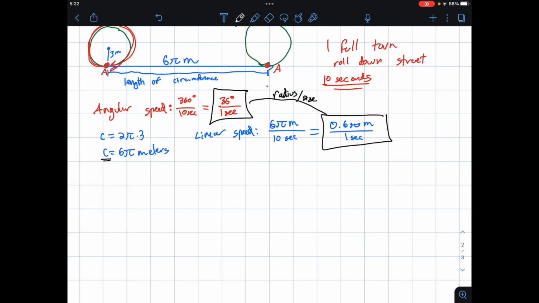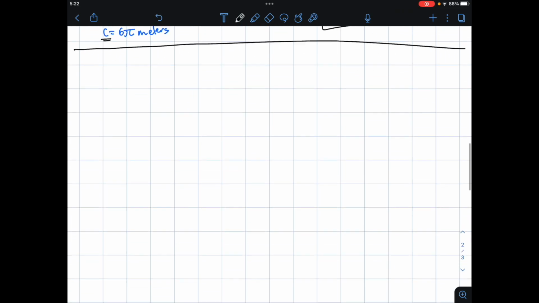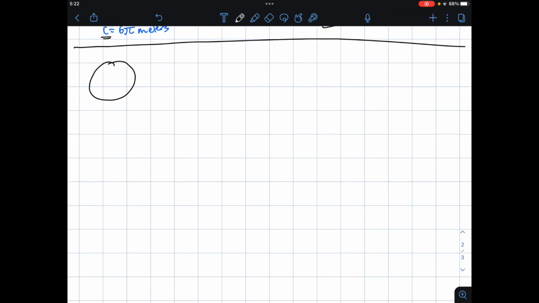Now let's look at an interesting fact about linear speed. If I have a disk, and let's say it has a radius of 10 centimeters. And say on this disk I have a point, and that point is located such that it is 5 centimeters from the center of the disk.